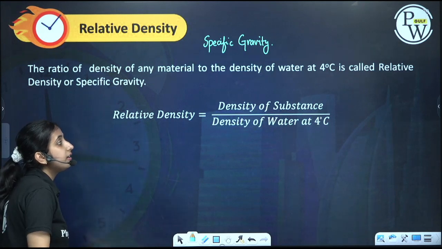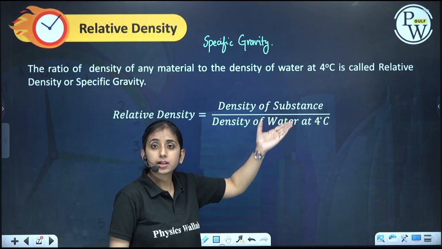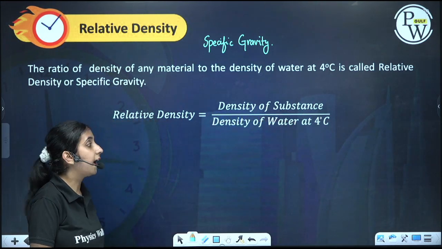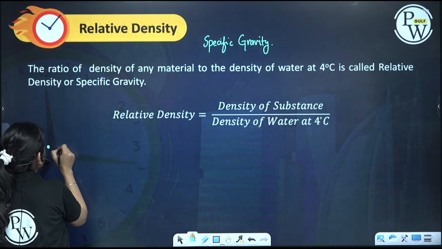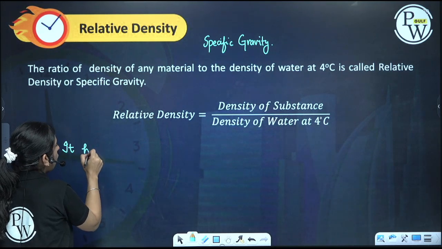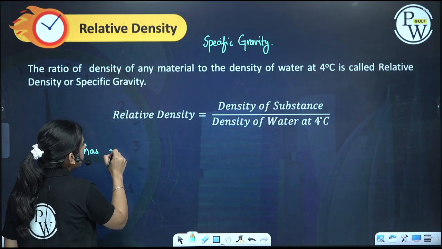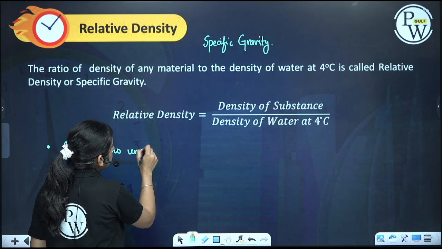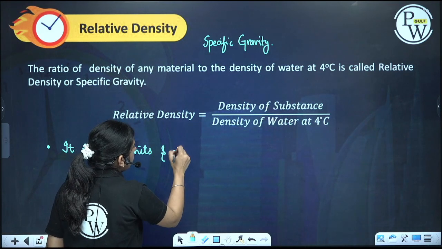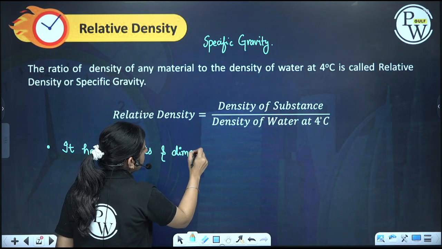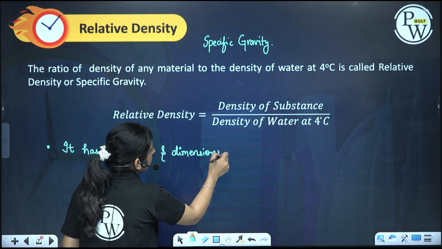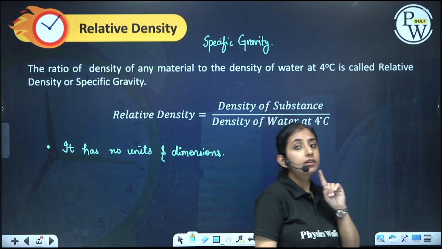Relative density is simply the density of the substance divided by the density of water at 4 degrees Celsius. As it is the ratio of two similar quantities, it has no units and dimensions.